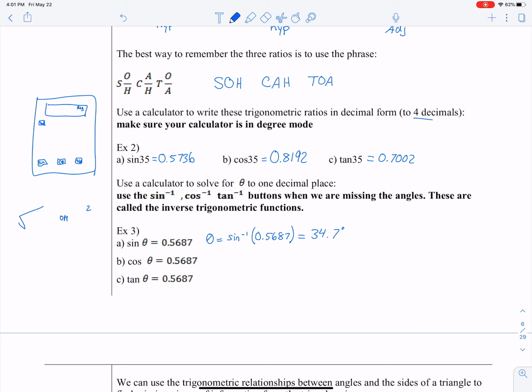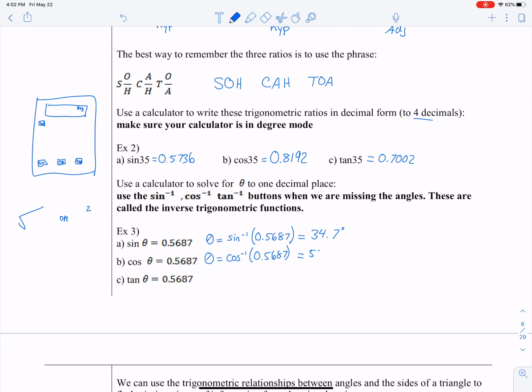For the next one, we want the angle here. This is with cos to the -1. Same thing, 0.5687. If you put second cos, put this number in, you should get 55.3 degrees.